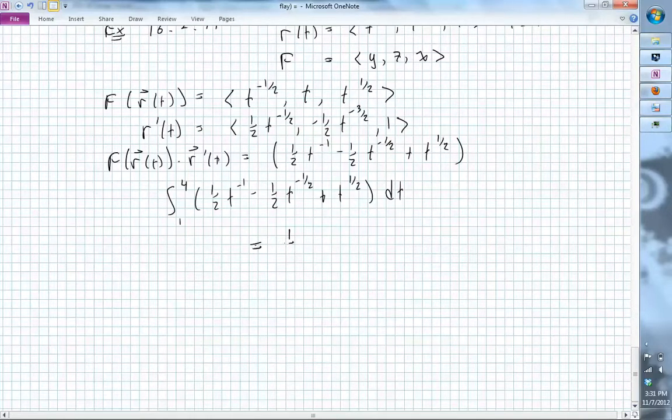That's 1/2 natural log of t minus t to the 1/2 plus 2/3 t to the 3/2. Everybody agree with that so far? Okay, now let's plug in 4 and 1 and subtract.